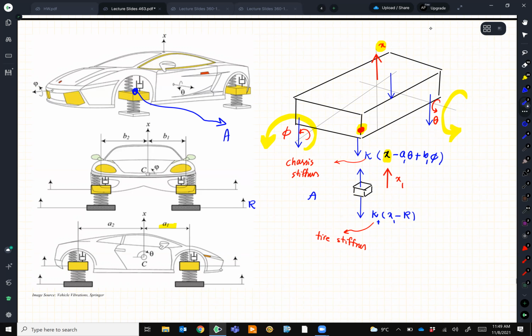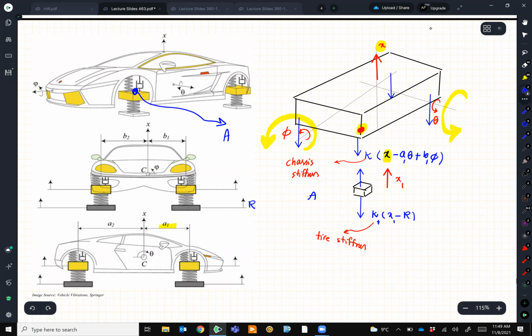So if you figure that one out, which is easy, then the damping is the same. Remember, in practice, tires usually have damping, but their damping is not that much. You can ignore it. That's why in this picture, tires don't have damping, but the chassis does. And you can find the estimate for a car that you choose.